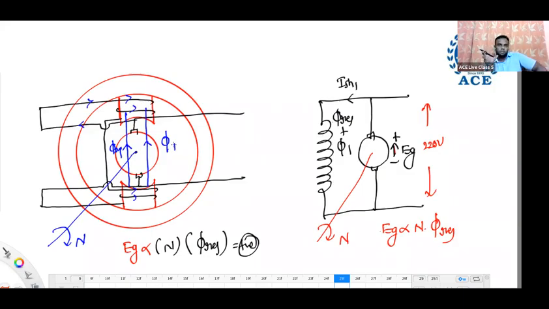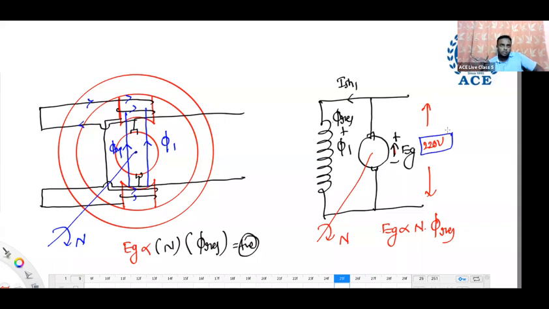This is our reference for all questions from now. Try to print it every time, you don't draw the figure, the same figure for every question. Residual flux is in the upward direction, flux produced is also in the same direction, then voltage further increases up to the rated voltage of 220 volts. Now voltage builds up.